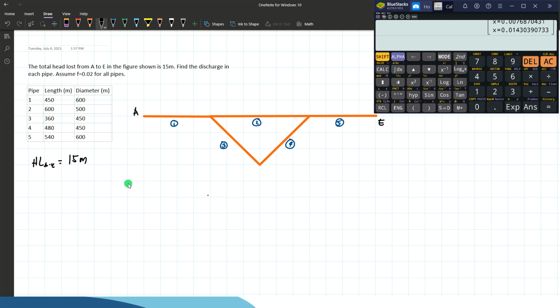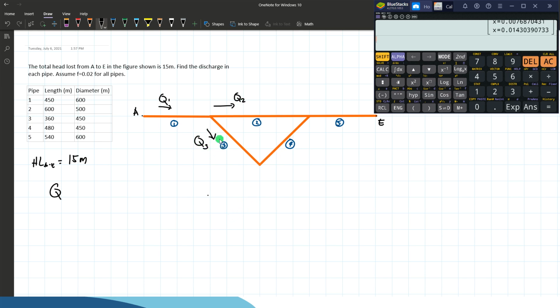Now let's make some equations basing on the flow rate first. So based on the figure, from point A to point E, we have a discharge Q1 here, then distributed to Q2. We have parallel pipes Q2 and Q3.